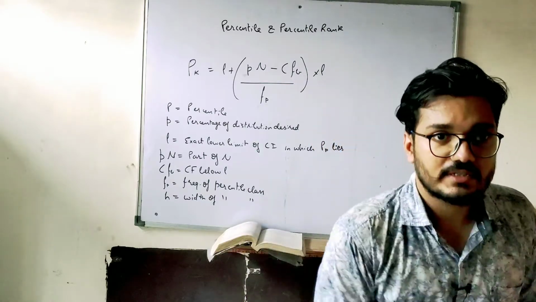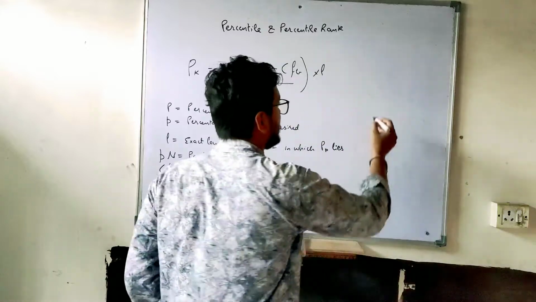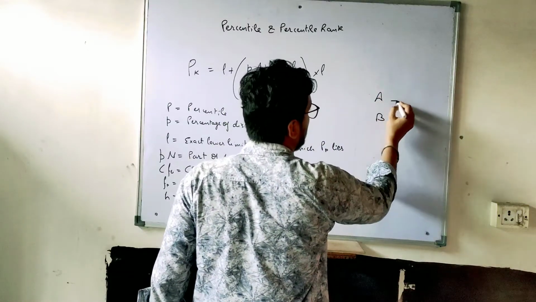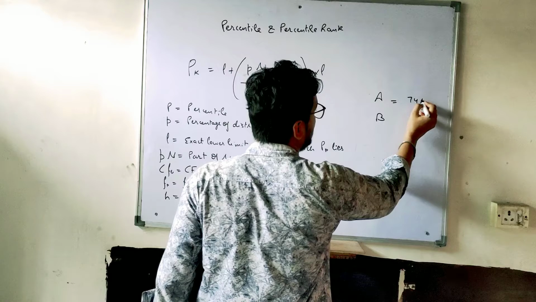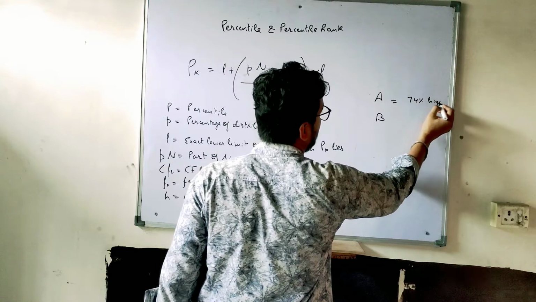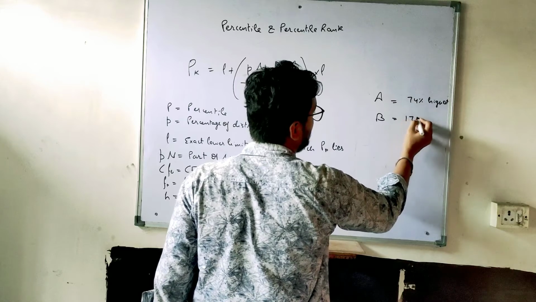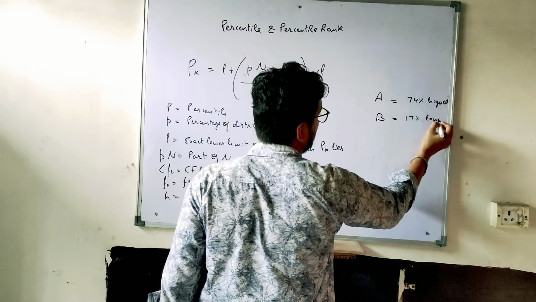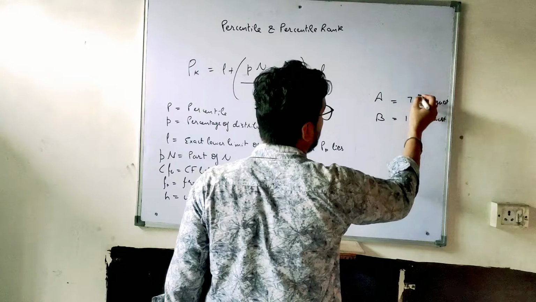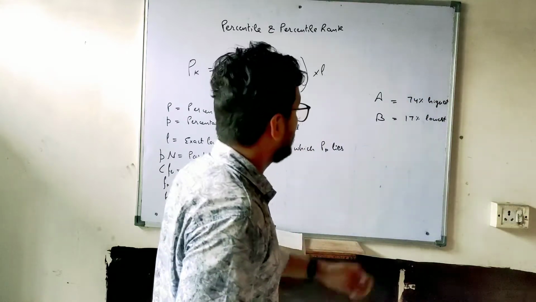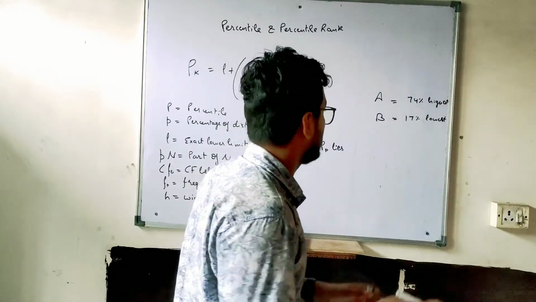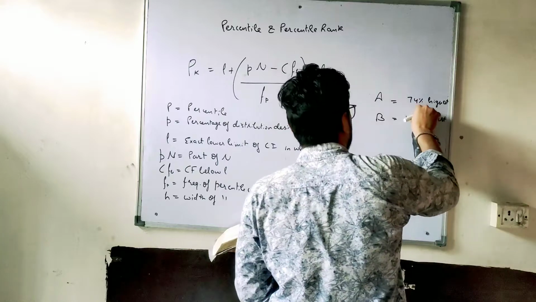Suppose there are students A and B. The highest score is 74 marks and the lowest score is 17 marks, out of 100.